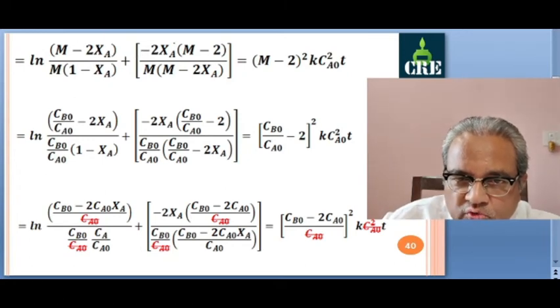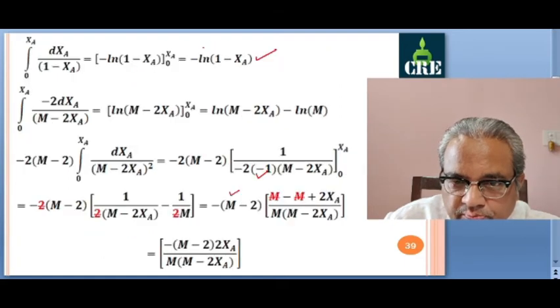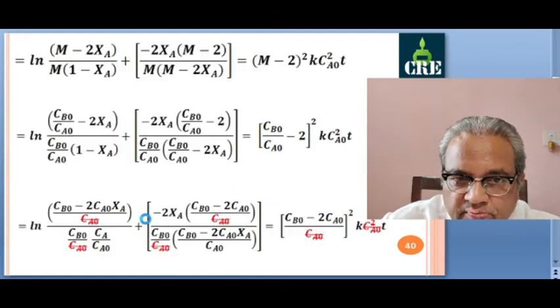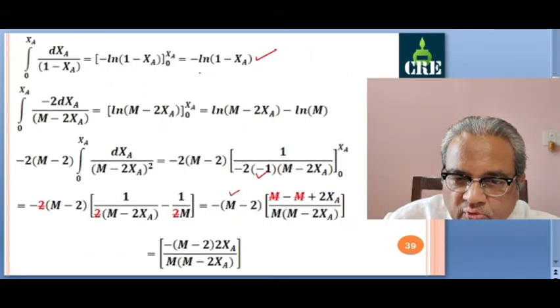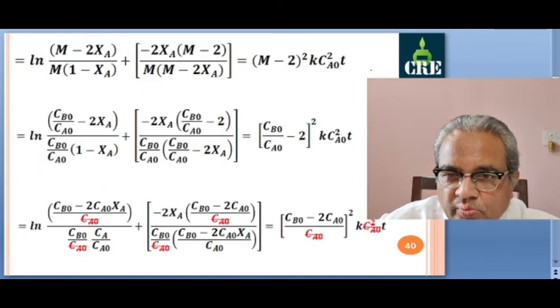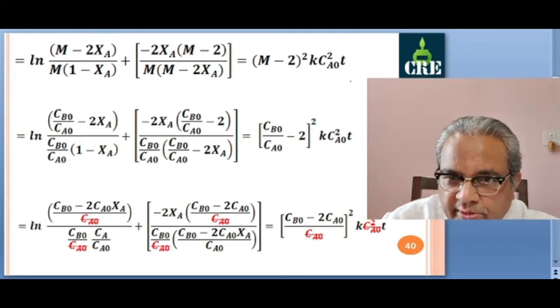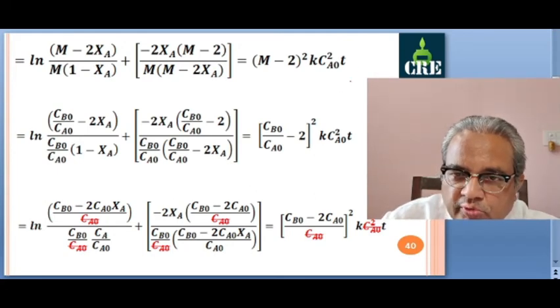Then we have minus 2xa m minus 2. So minus 2 into 2xa into m minus 2 divided by m into m minus 2xa, and that is equal to m minus 2 whole square k ca0 square t.